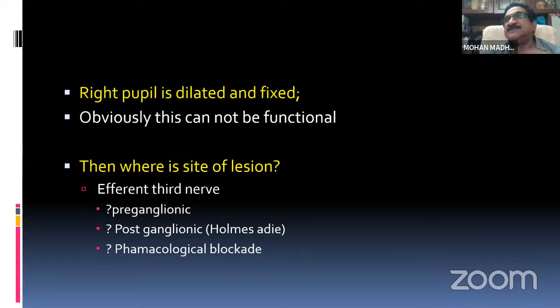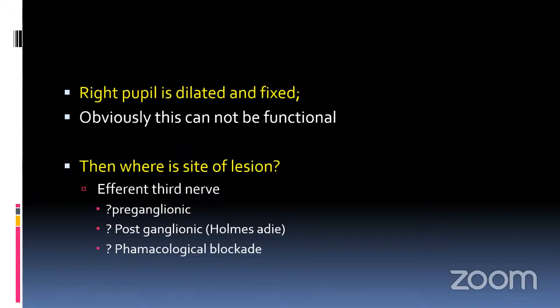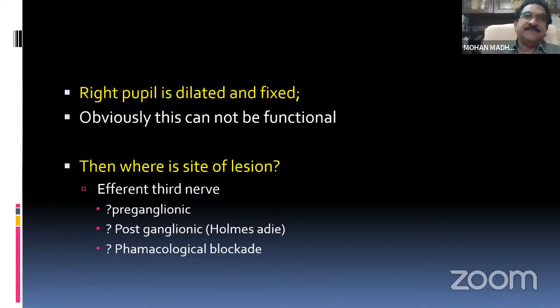Now, what will you do to differentiate these things? Dilute pilocarpine test. Yes, very good. Dilute pilocarpine for Holmes-Adie, but a strong pilocarpine for third nerve as well as pharmacological blockade.